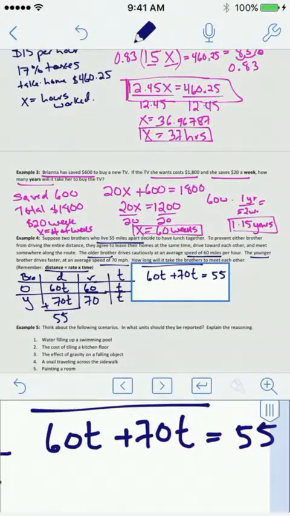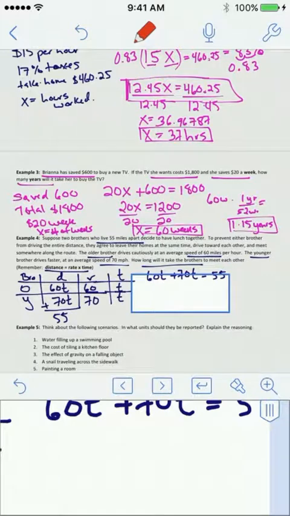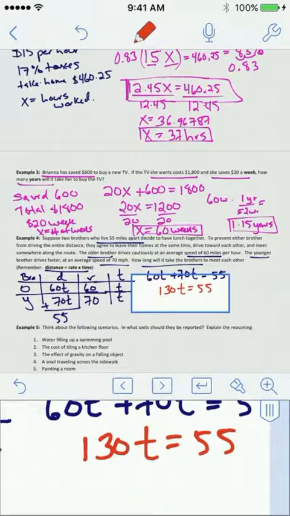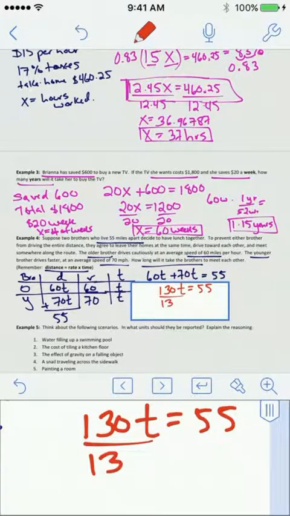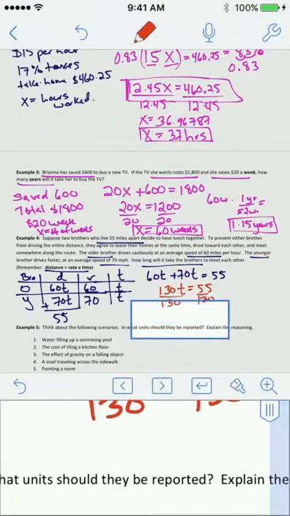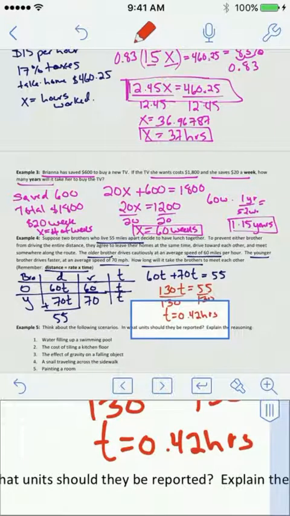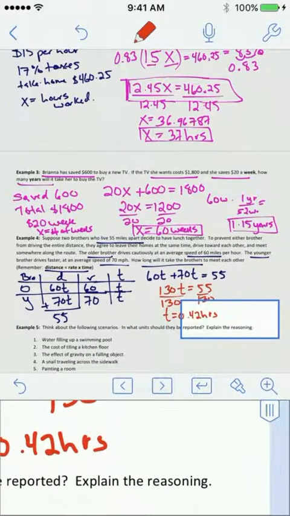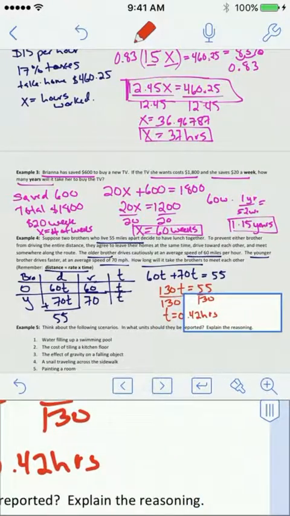Okay, so let's actually solve this now. We translated, now let's solve. It's going to be 130t equals 55. I just combined those like terms. Divide by 130, and t is equal to 0.42 hours, or times 60 minutes in an hour, about 25 minutes each.